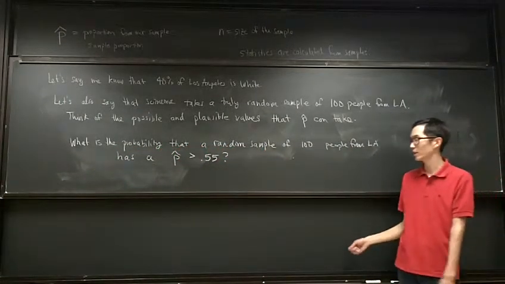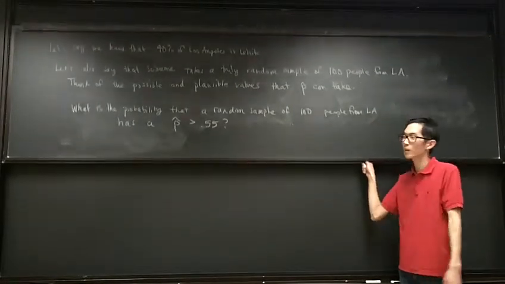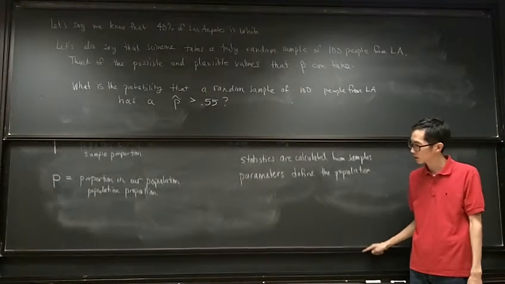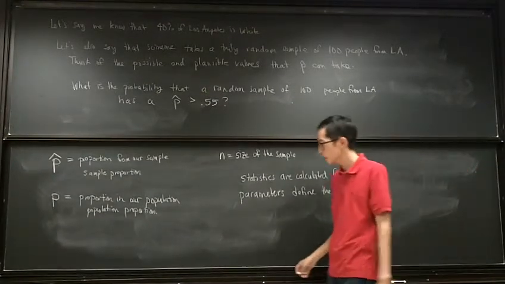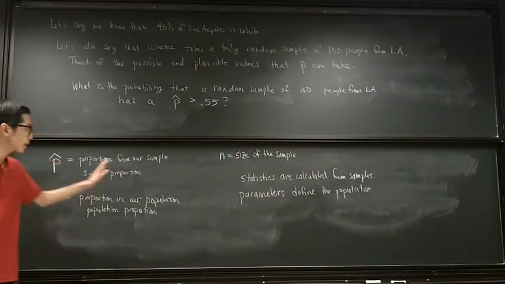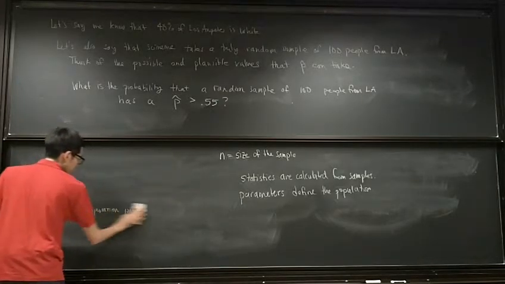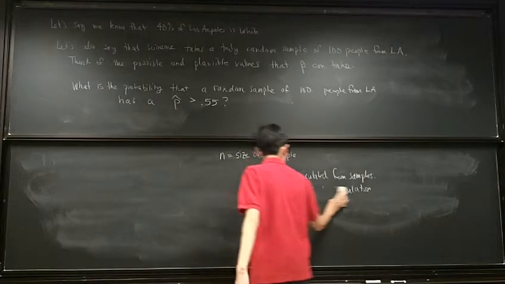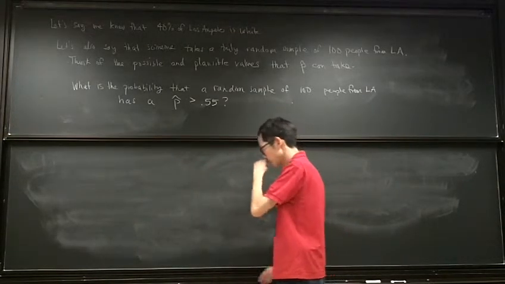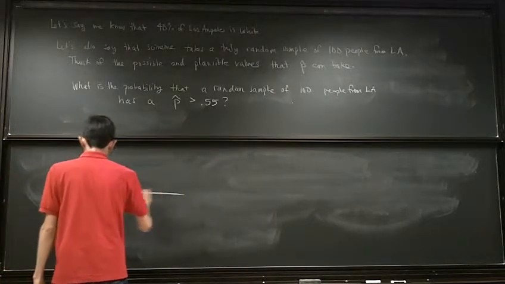Yes, the answer is I wouldn't give you a question like this if we couldn't figure it out. So I will tell you right now that when we're dealing with a sampling distribution like this, we're going to get something that looks like the normal distribution.